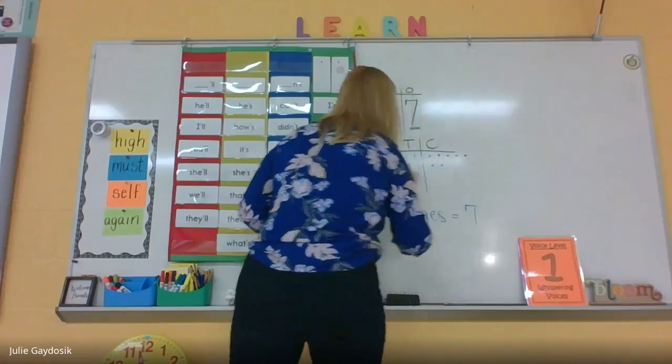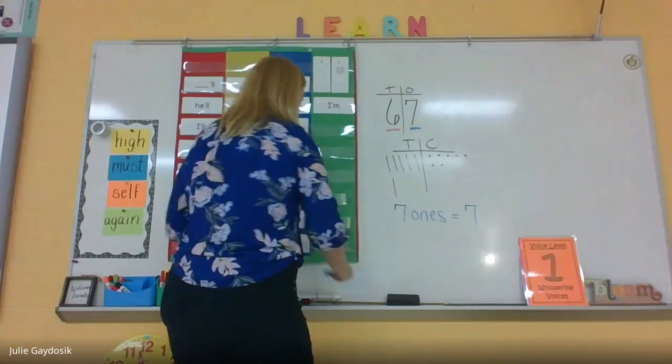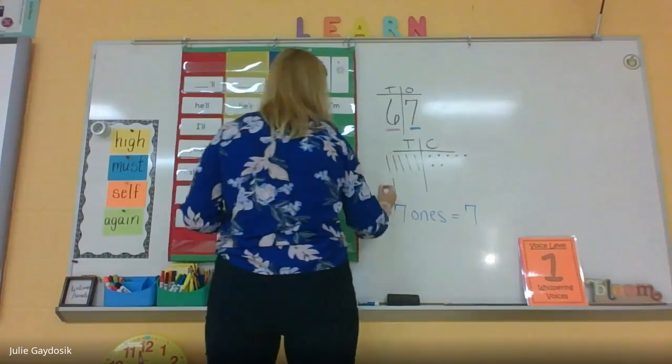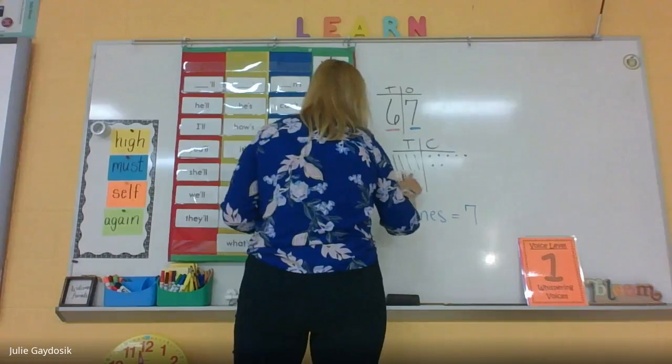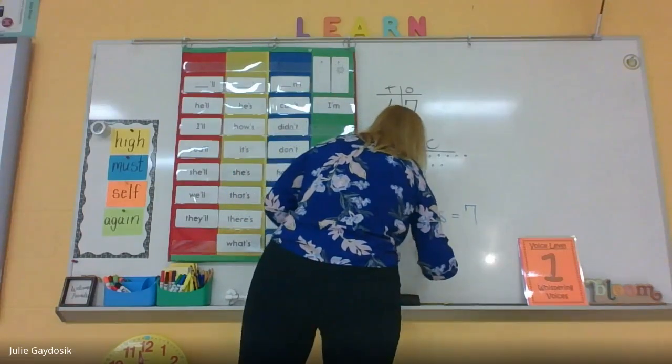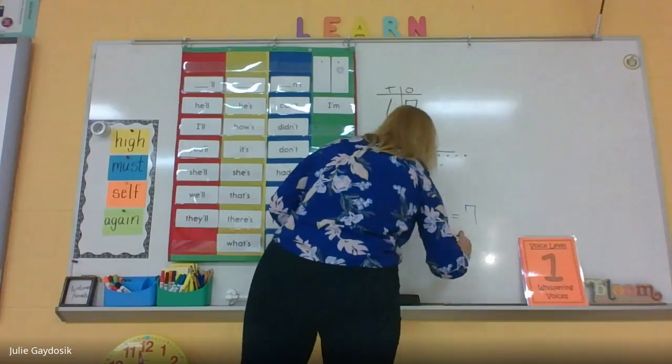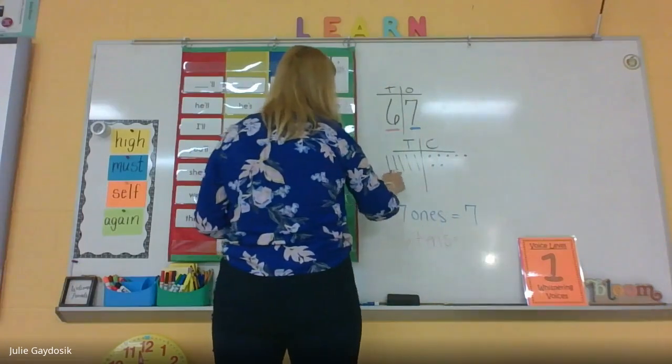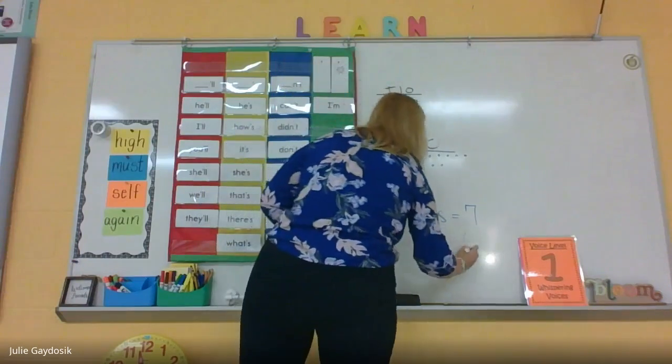So it's worth 7. Okay. The value of the 6 is 1, 2, 3, 4, 5, 6 tens. But it's not worth 6 because you count by tens. 10, 20, 30, 40, 50, 60.